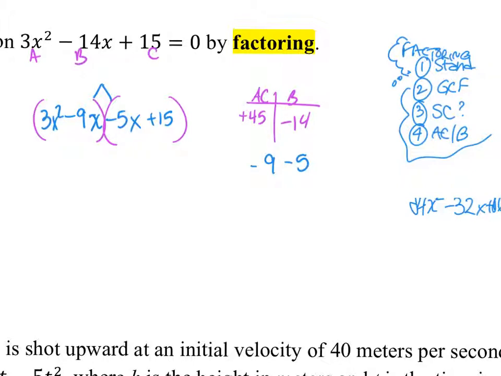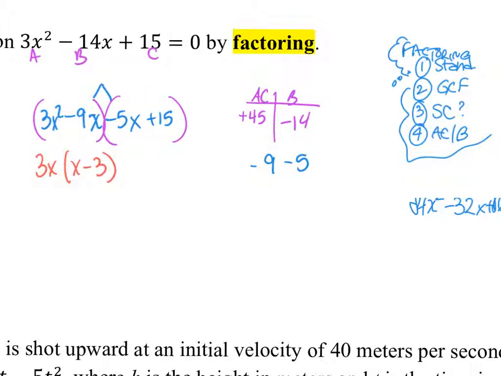What can I factor out of 3x squared minus 9x? 3x. What's left? X minus 3. Fantastic. When I have a leading coefficient that's negative, such as a negative 5, what do I have to remember? You have to take out the negative, right? So what's the GCF of this?